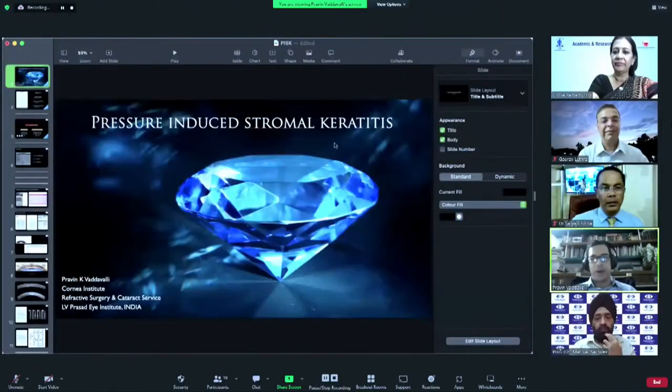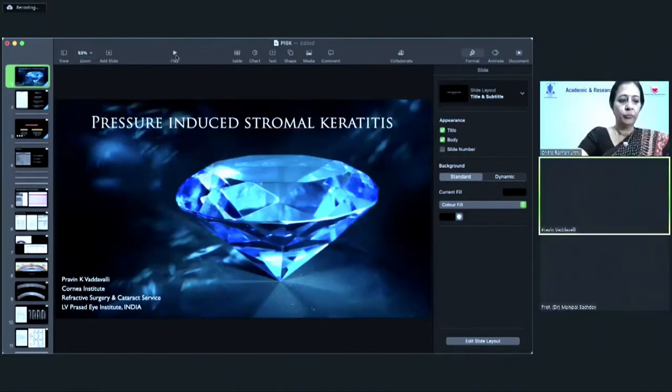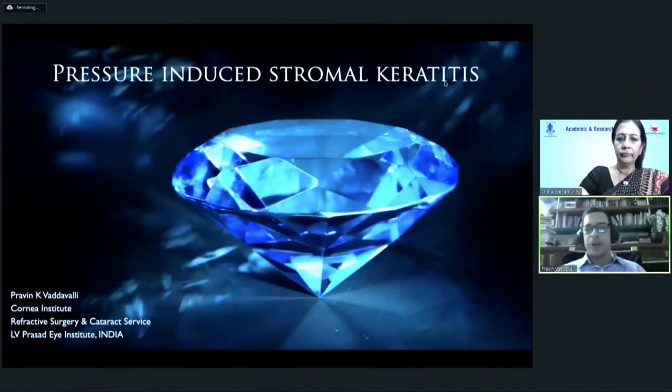Thanks a lot, Chitra, and amazing talk so far, and thanks for having me here. What I thought I will do today is speak on an interface complication that is potentially not spoken about a lot, and briefly allude to the other interface complications that also tend to be confused with PISK, or pressure-induced stromal keratitis.